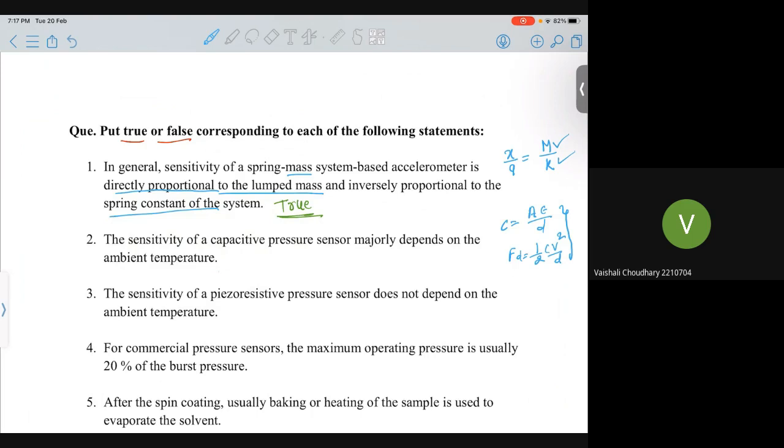So the sensitivity of the capacitive pressure sensor won't depend on the ambient temperature, because in the formula we have seen, the capacitance in no way depends on the ambient temperature.